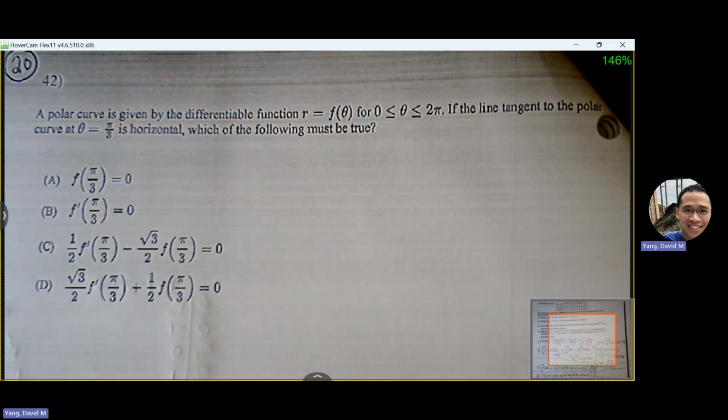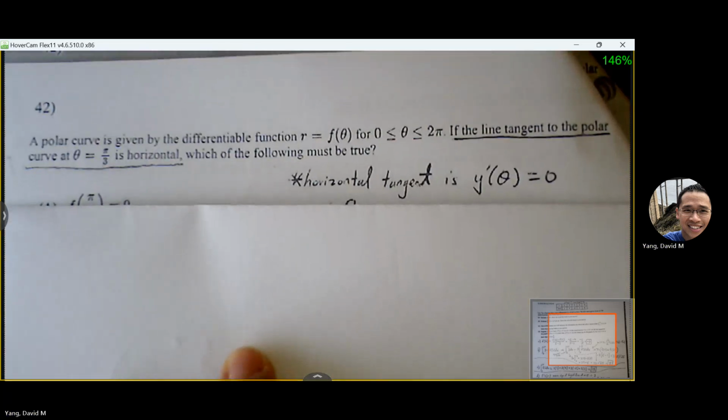If the line tangent to the polar curve is horizontal, so we know horizontal is when your y prime is equal to 0, right? Anything dealing with horizontal tangent is the y prime. Anything with a vertical tangent is with x prime. So here's your strategy. You're trying to set y prime equal to 0.